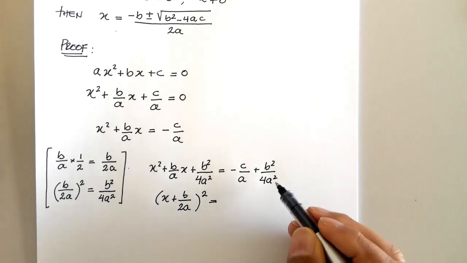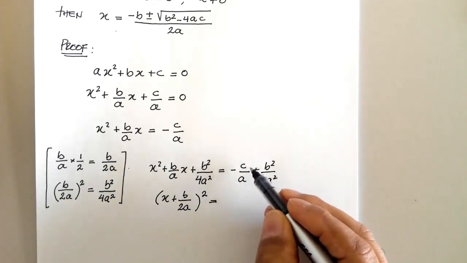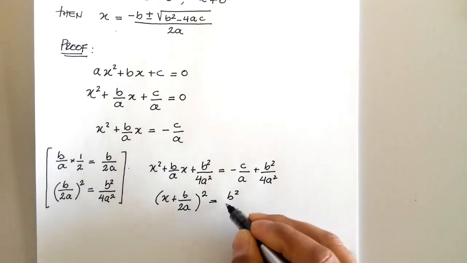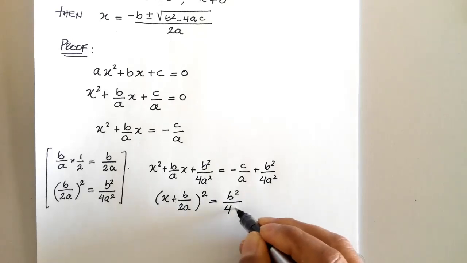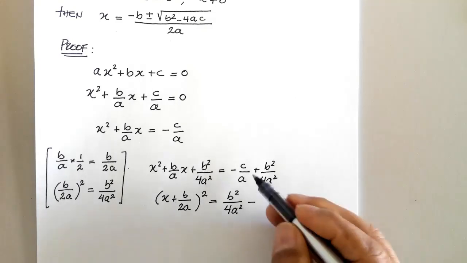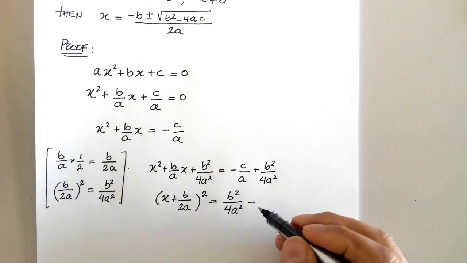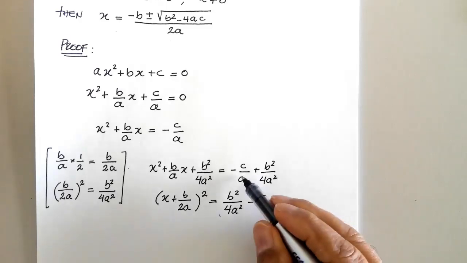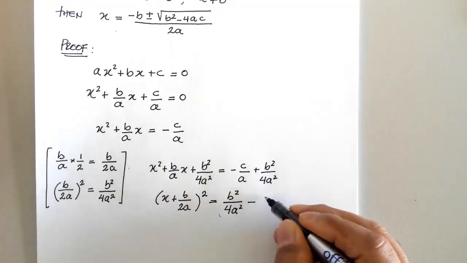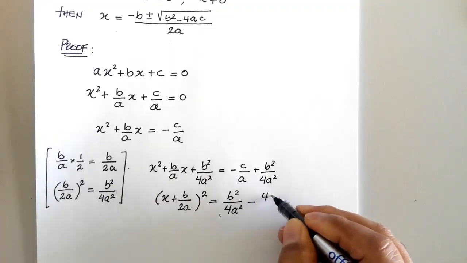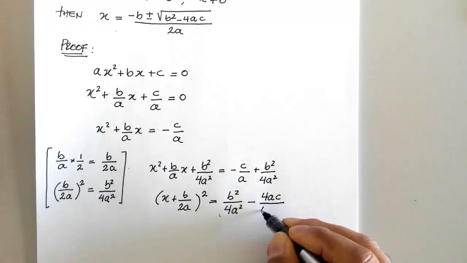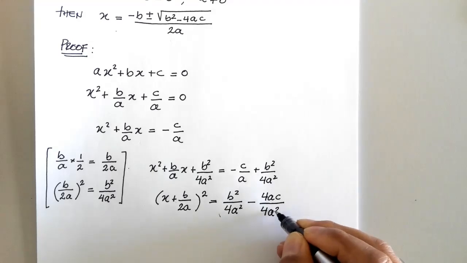So I'm going to amplify this by 4a. I need to multiply a by 4a, but if I do so, then I need to multiply the top by 4a. So we're going to do 4ac over 4a squared.